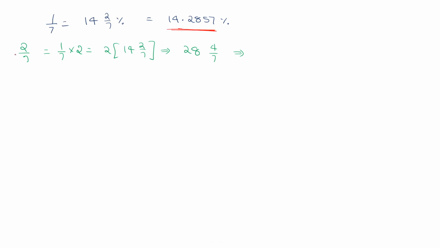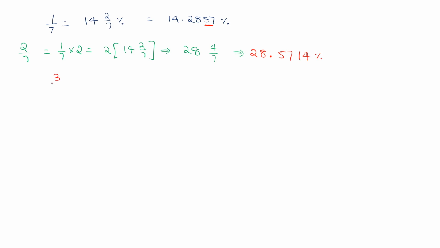When we need 2 upon 7, just double the value of 1 upon 7, 14.2857. 14 2s are 28. Then for the decimal part, just repeat the 4 digits as given in the previous expression, that is 57 and then 14.